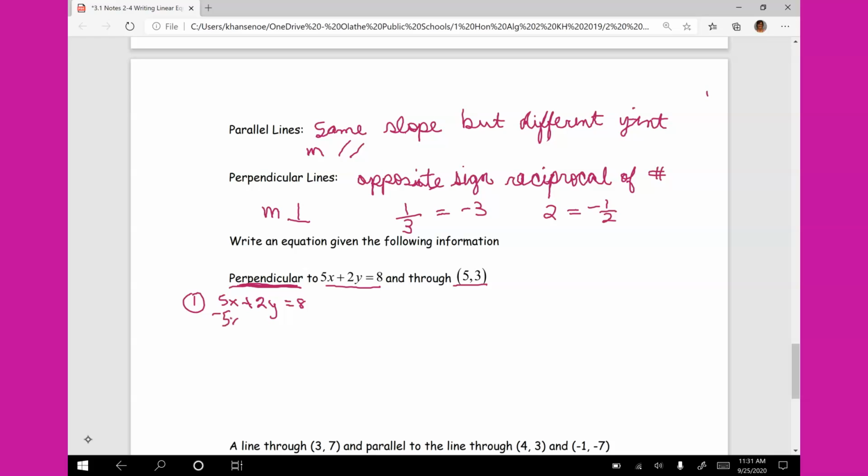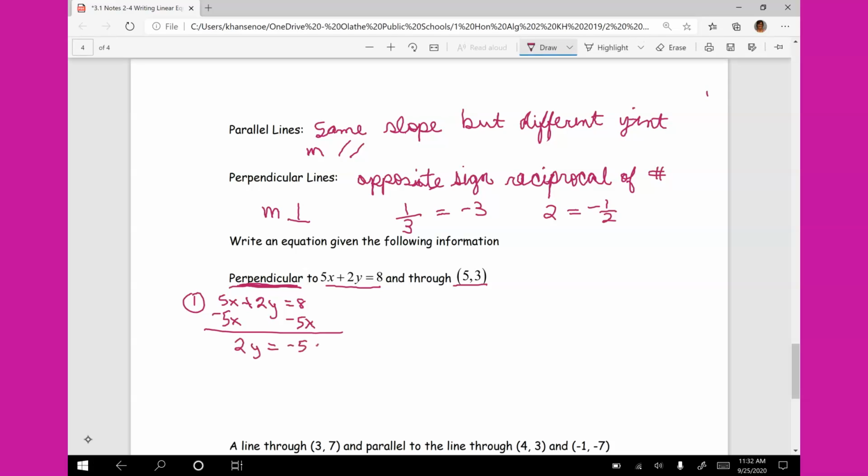So I'm subtracting 5x, subtract 5x. I get 2y equals -5x plus 8. I divide by 2. I get y equals -5/2 x plus 4.